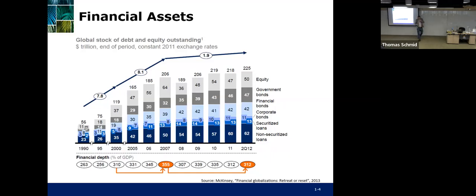So equity globally accounts for less than 1/4 of all financial assets. Approximately 3/4 of all financial assets are fixed income instruments, are debt.